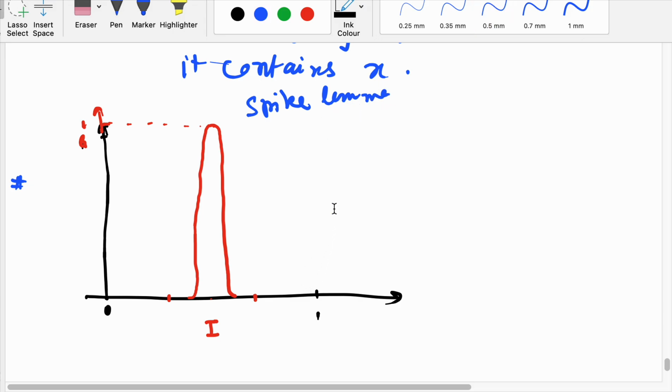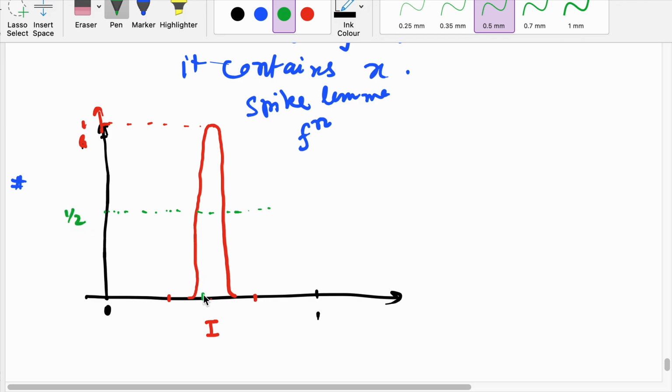This corresponds to some iterate, suppose f^n. Now suppose this is your x, and suppose this is the half line. You will see why I'm drawing this half line; it is required for the proof.